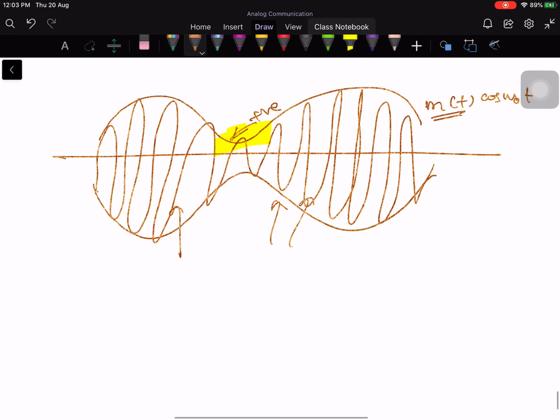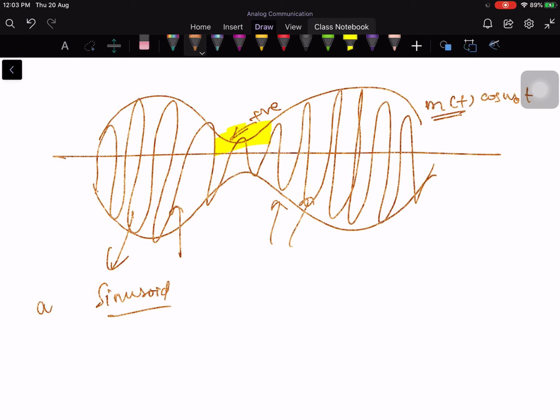So the important reason why I brought this here is you can see the amplitude variations are dependent on the magnitude of m of t.